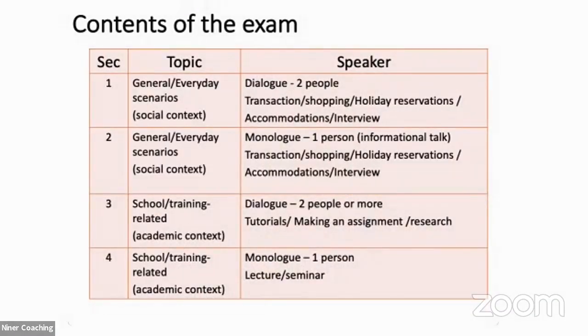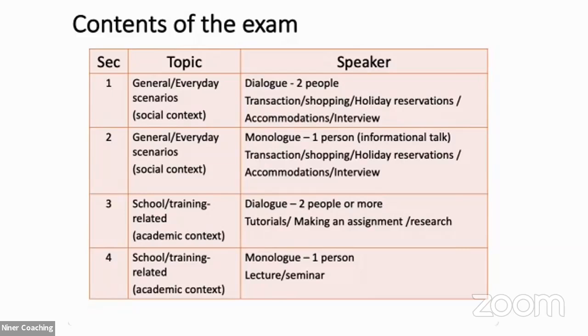Half of your examination will be in the general context. This is for GT or general training. They are in everyday scenarios or social contexts, which means these are things that you get to experience on a day-to-day basis. Part 1 is going to be a dialogue in which two people will be talking to each other, or maybe sometimes even more than two people, but a minimum of two people will be having a conversation in the first part of your examination.